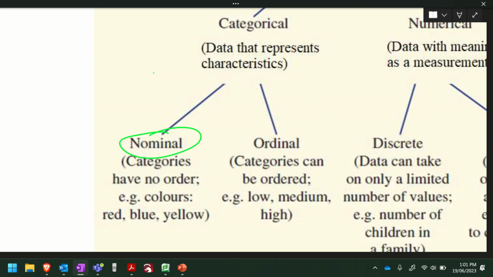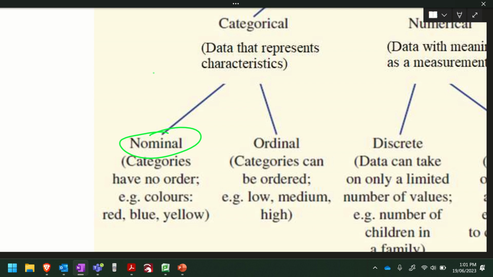But when it comes to ordinal, okay, what do you think the word ordinal means? Order. Think about the word ordinal. There's something there. You can order it. Okay, so when you're ordering something, I'm not saying you go to Macca's and order something, but I'm saying putting it in an order from low, medium to high.